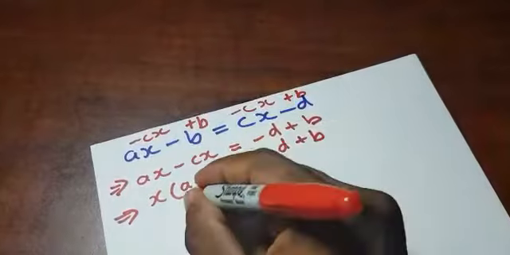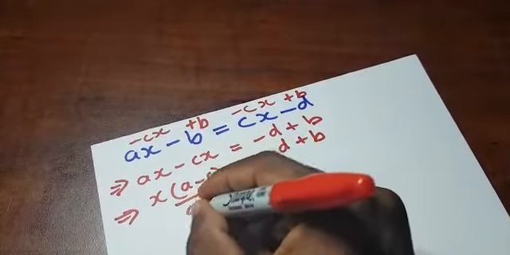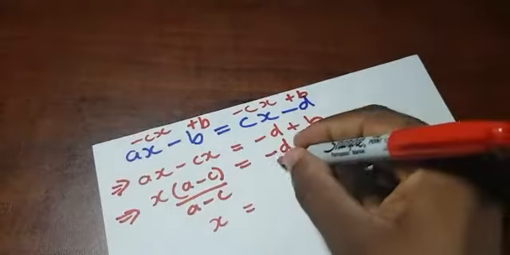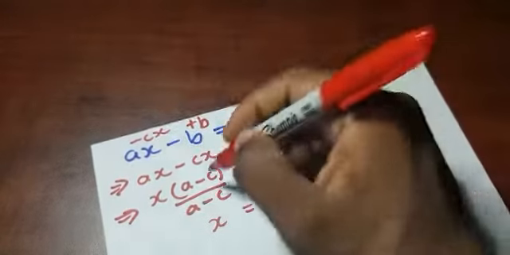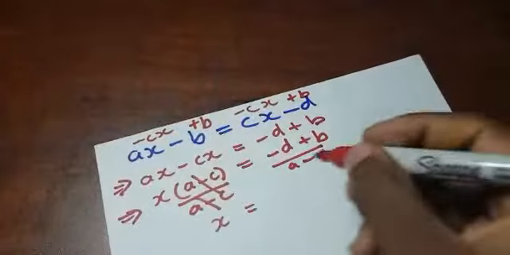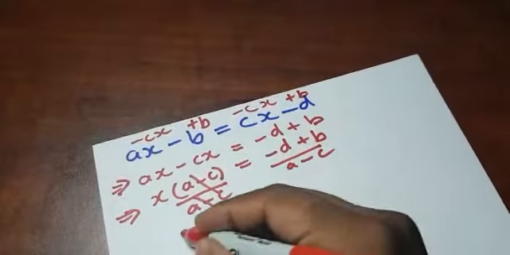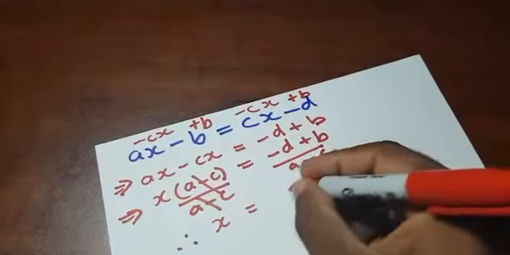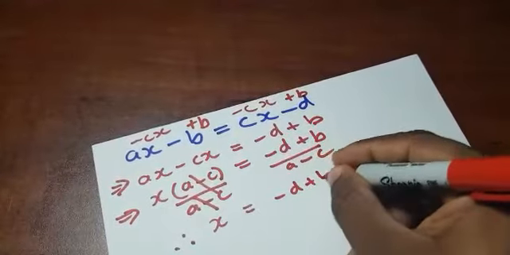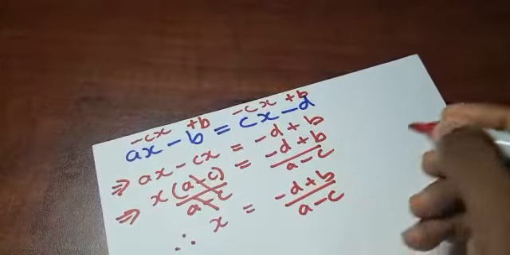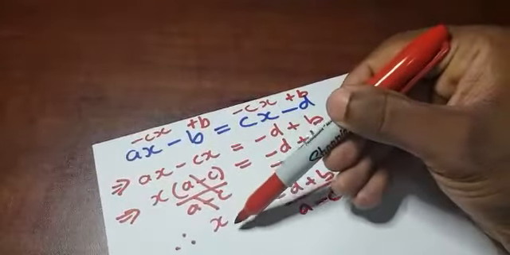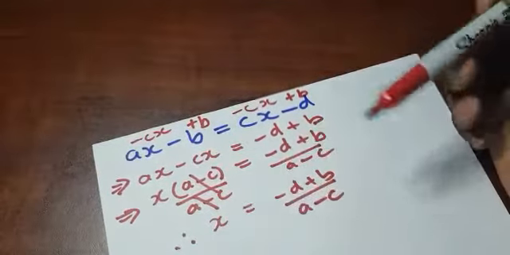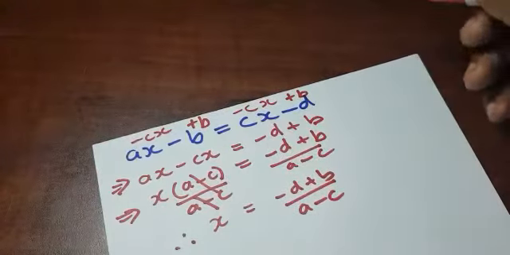And from here, we divide both sides by a minus c. So cancel, cancel. This results in x equal to minus d plus b over a minus c. So luckily enough space was created to do this question and I had written the x here without going through the process.